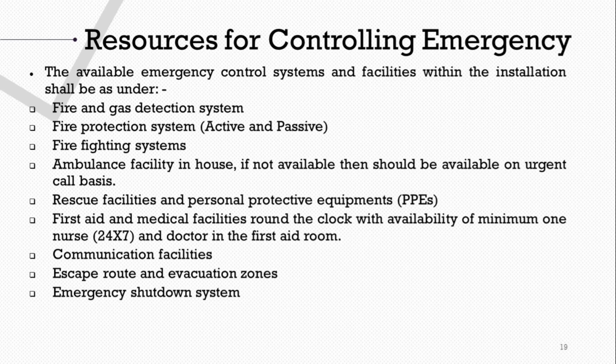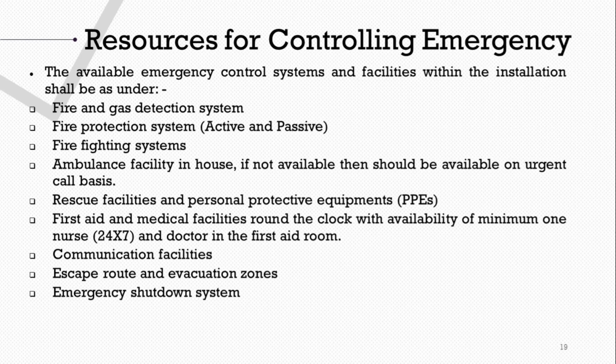After that, we also require the firefighting system as well as the ambulance facility in that house or in that area. But in case the ambulance is not present, then we have to call an ambulance as soon as possible. We also require personal protective equipment, also known as PPE, a first aid kit, as well as the availability of one nurse 24/7, and a doctor is also required.